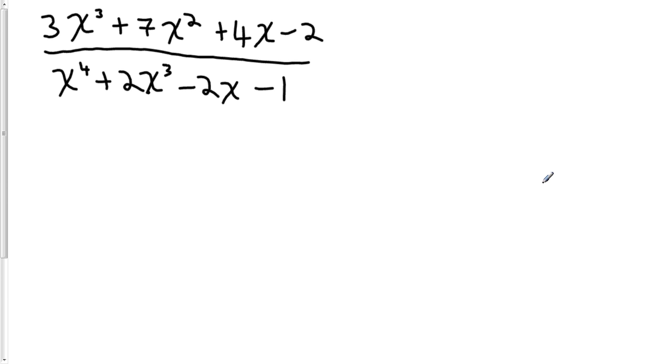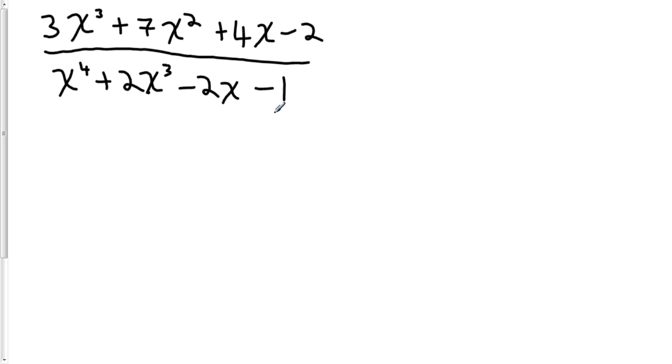And the possibilities that I'm going to use for the value of k, the value of the 0 that I'm trying to find, are going to be the factors of the constant, which in this case is 1, over the factors of the leading coefficient. And in this case, the leading coefficient of the denominator is also 1. So that makes it easy.